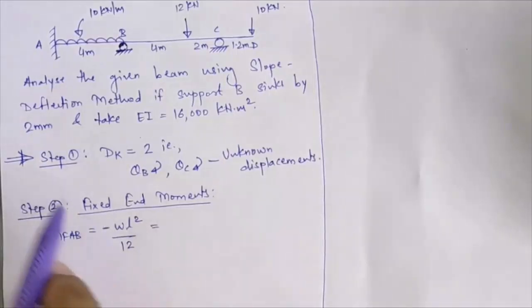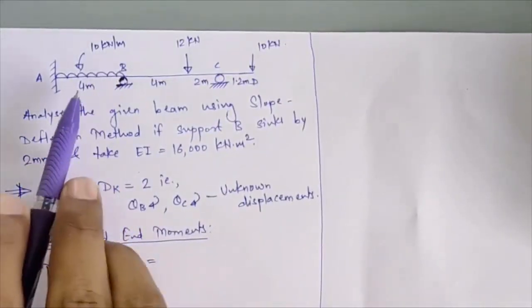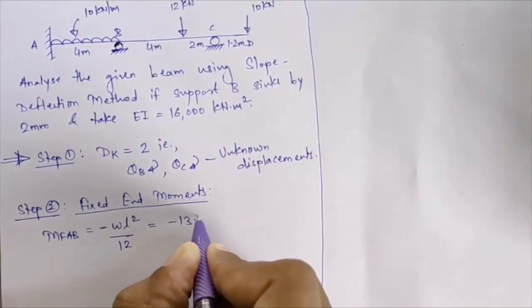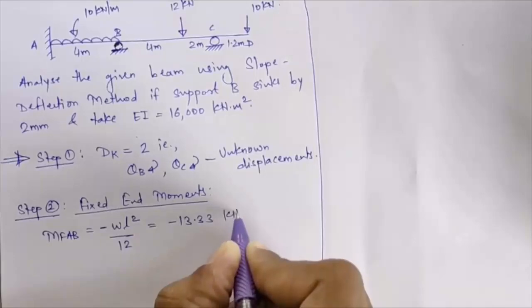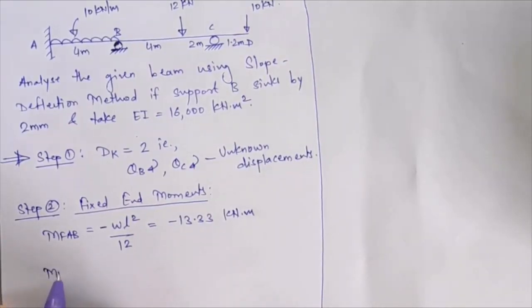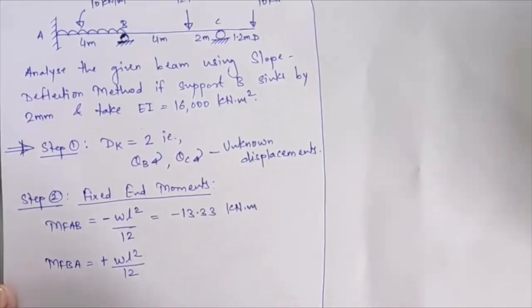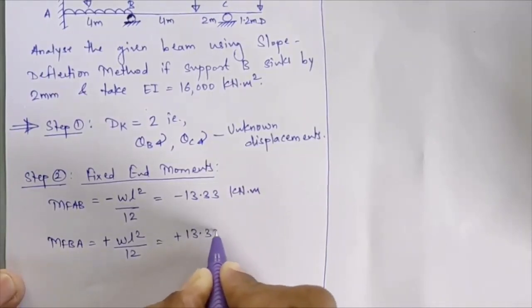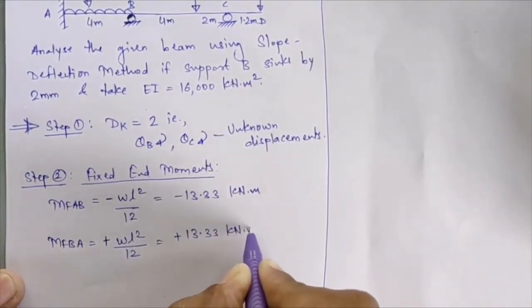Substituting W equal to 10 and the length of member AB as 4, you will get minus 13.33 kilonewton meter. Your fixed moment values will remain the same as in the previous numerical. Then the second fixed moment will be MFBA, that is again WL square upon 12, only the sign changes, it will be positive, so you will get plus 13.33 kilonewton meter.